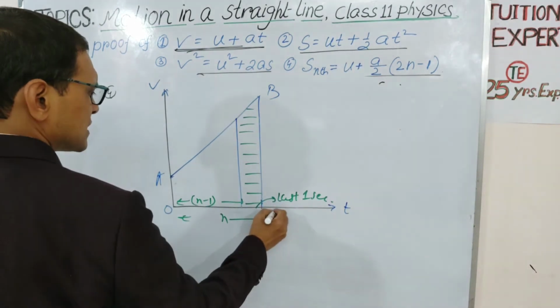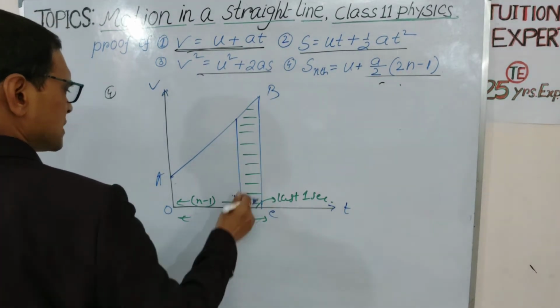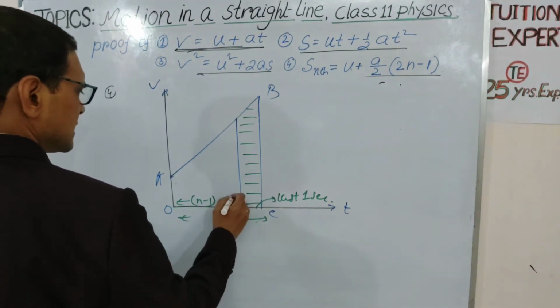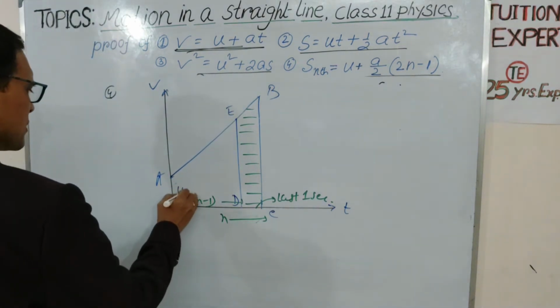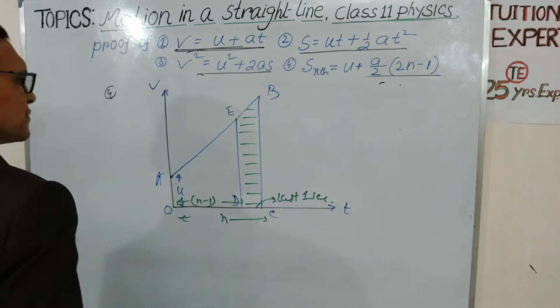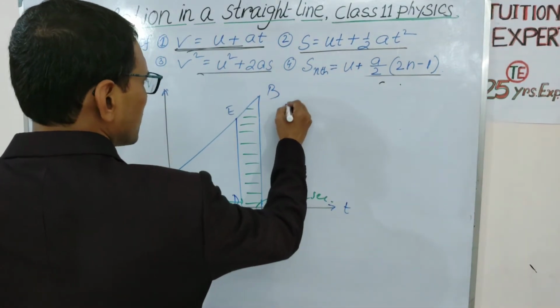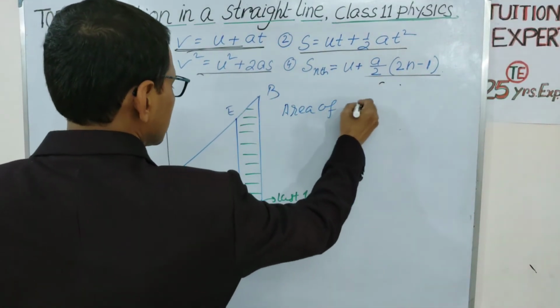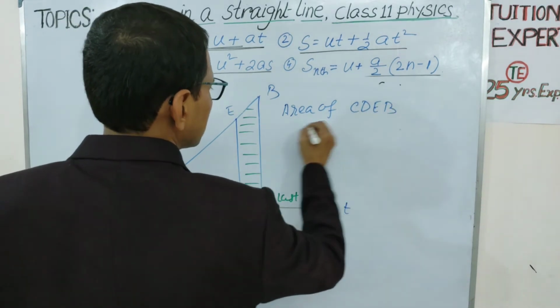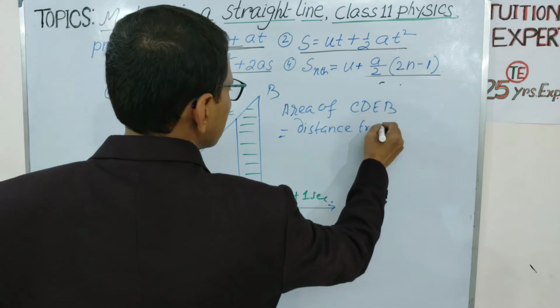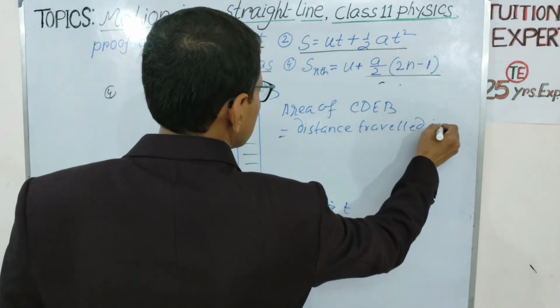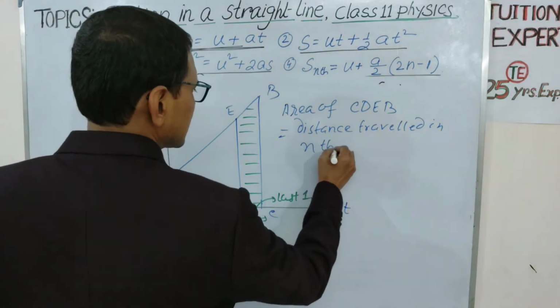Suppose this is OABCD, suppose this is E. Now this is U, the initial velocity. So the area of CDEB equals the distance traveled in the nth second.